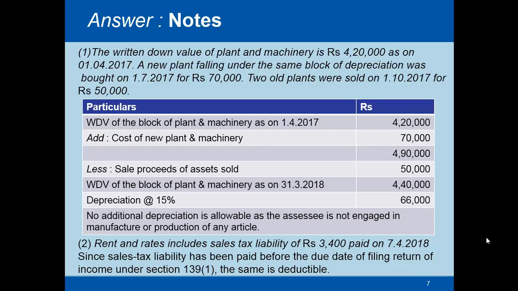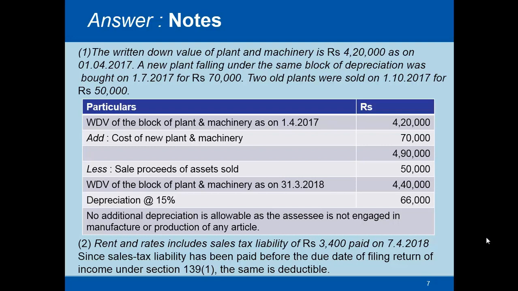Which means that the written down value of the block of plant and machinery as on 31st of March 2018 would now be 4 lakh 40,000. Now we calculate depreciation as per the income tax rules, which is 15%, and it will come to 66,000. Here one should note that no additional depreciation is allowed as the assessee is not engaged in manufacturing or producing any article.